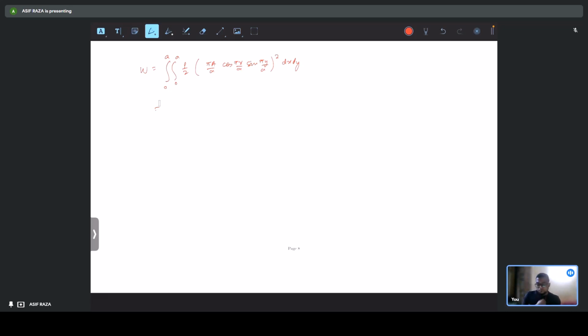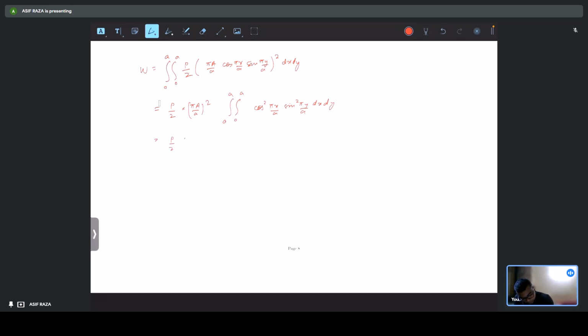Here P is constant. This P is constant per unit width, so I can take it out, and similarly A pi upon a whole square also. So this would be equal to P by 2 times A pi upon a whole square, times the integral from 0 to a, 0 to a, of cos square pi x by a sin square pi y by a dx dy.